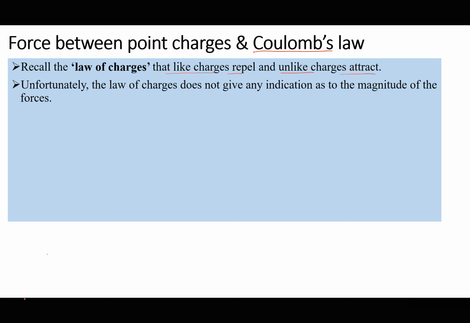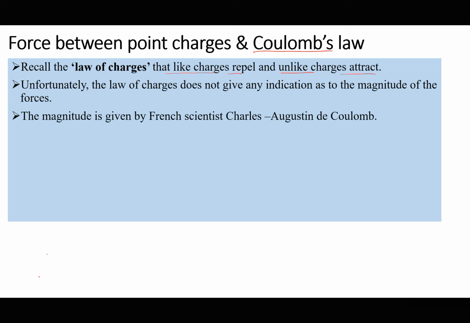The magnitude of the force with which they either attract or repel each other was established by a French scientist called Charles Auguste de Coulomb. Coulomb was the first person to investigate the force between two point charges.